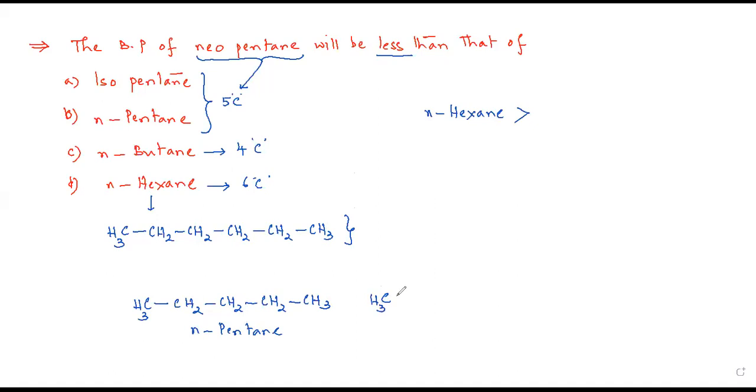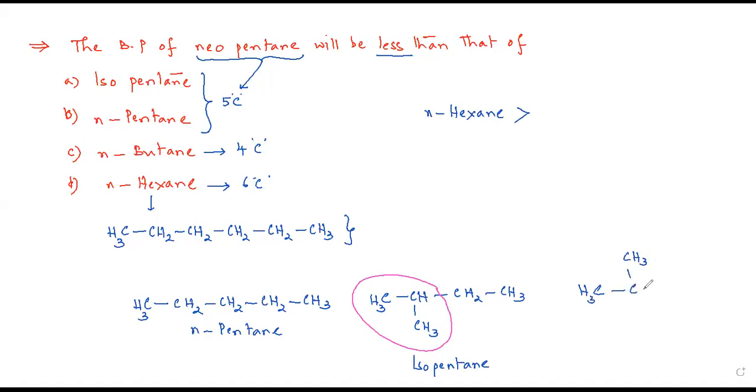Then look at this. Isopentane. Iso is this. This kind of an arrangement is called iso. Then the neopentane, having quaternary carbon atom. This is neopentane.